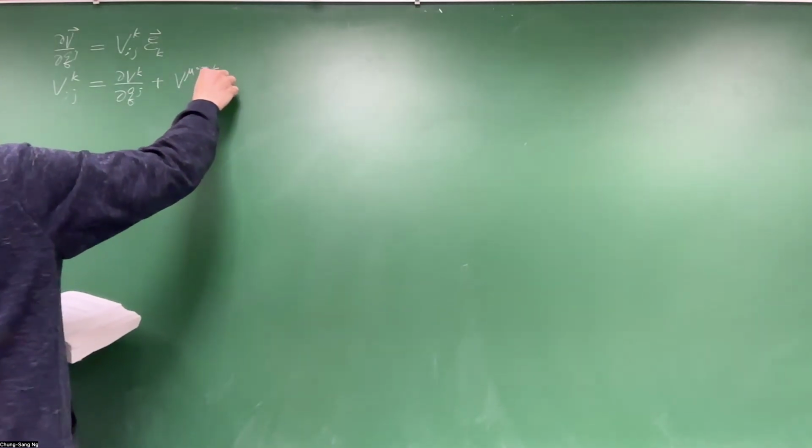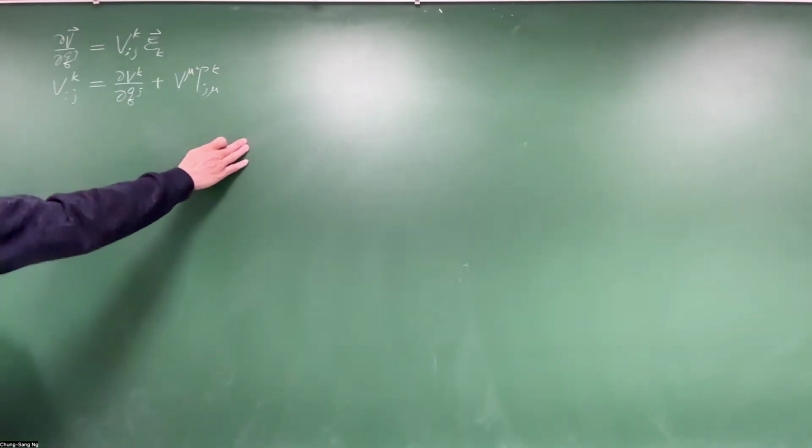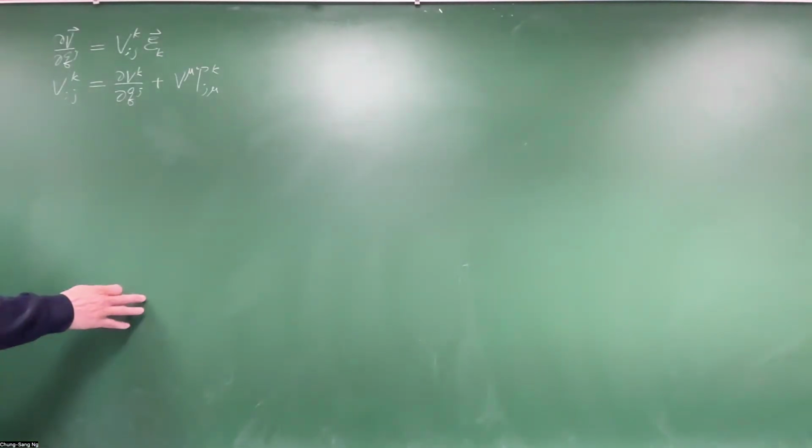We'll see that this order is unimportant later. Okay, that is the Christoffel symbol, and this is what we call the second kind, and pretty soon we'll see the first kind.